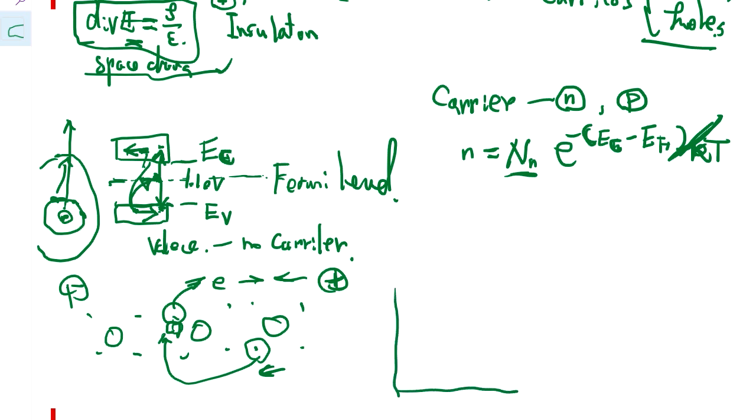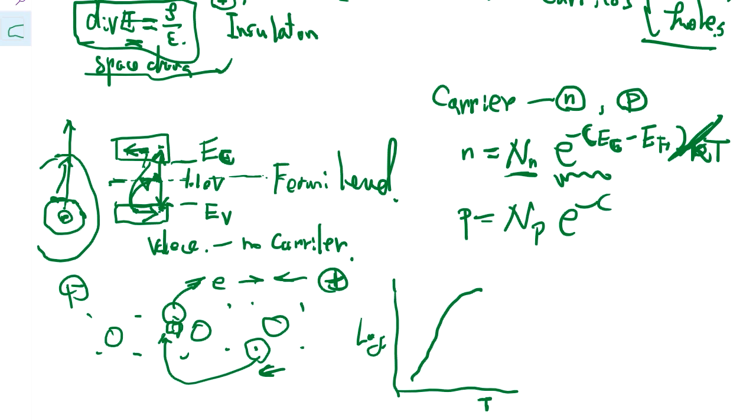The conductivity goes up with temperature, and on the log scale, P is similarly e to the minus (E_F minus E_V) over kT.